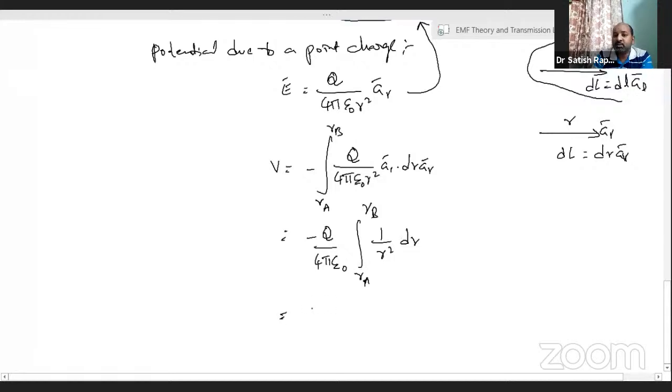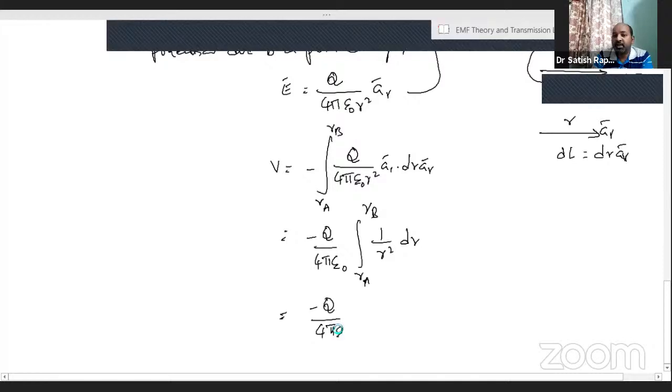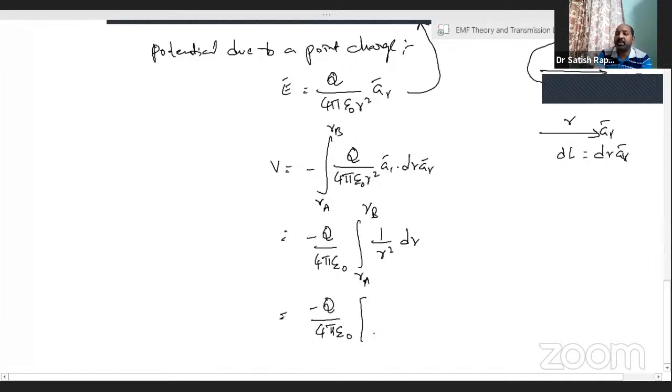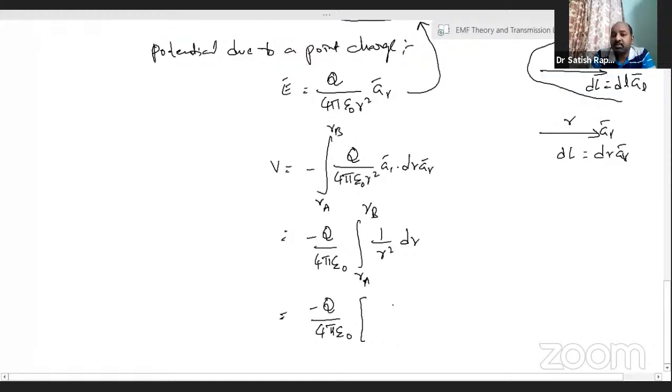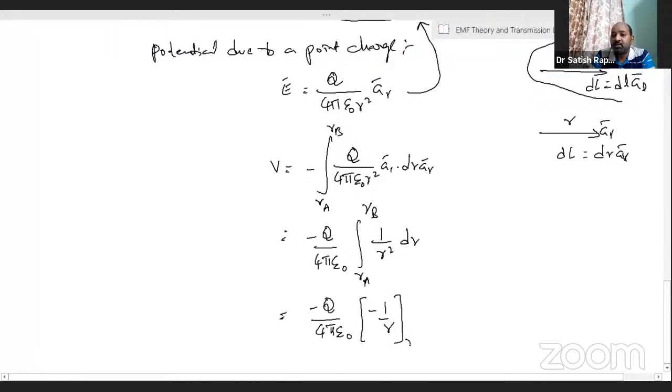Integrating this, what will we get? Minus Q by 4 pi epsilon naught and 1 by R square integration. What is 1 by R square integration? It is minus 1 by R, from RA to RB.